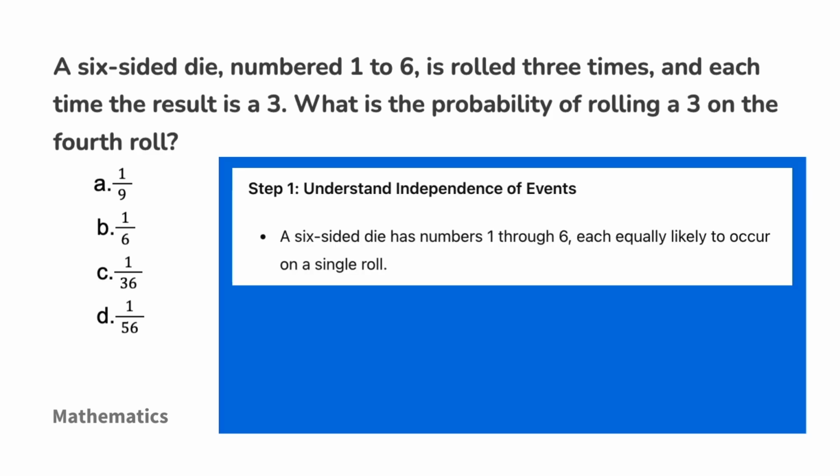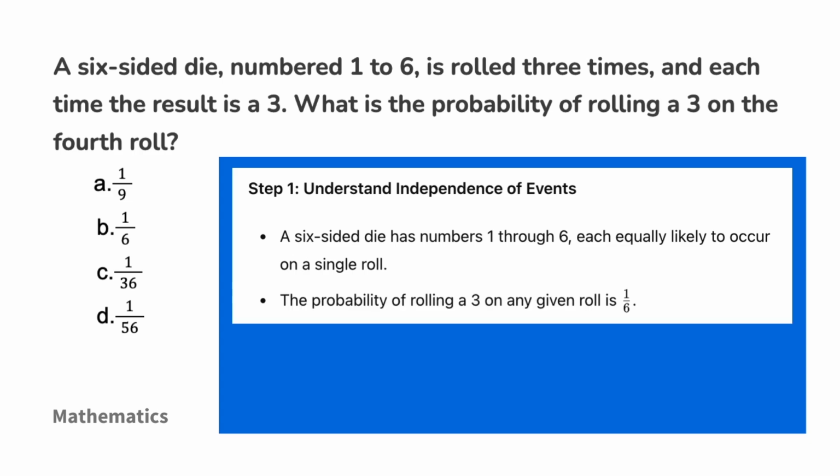All right, let's talk. Taking stock of what we know about independent events, we can understand that a six-sided die has numbers 1 through 6. Each is equally likely to occur on a single roll. Furthermore, the probability of rolling a 3 on any given roll is 1 out of 6.